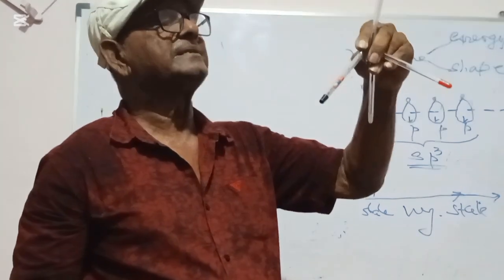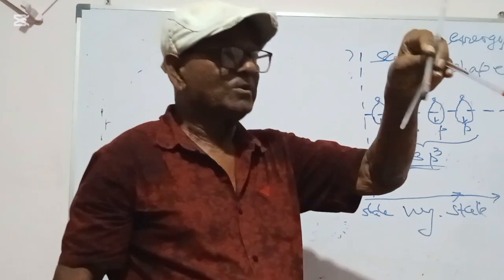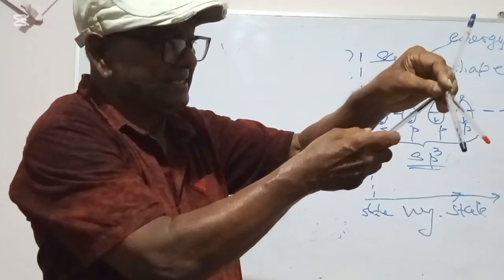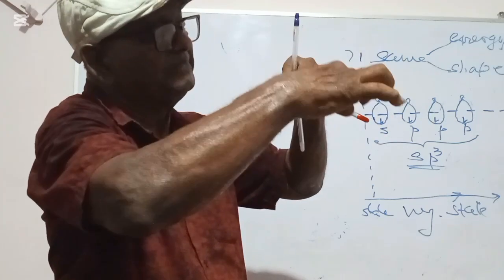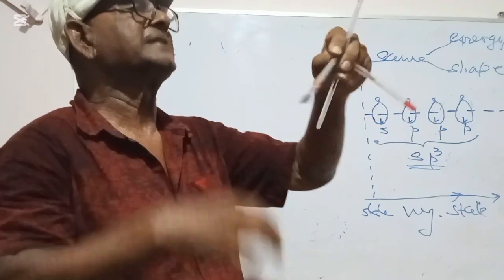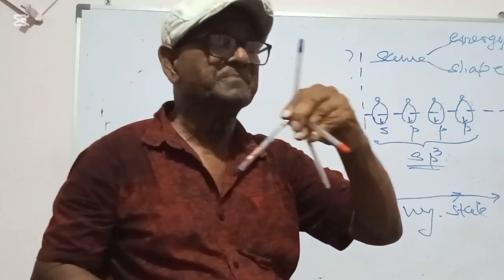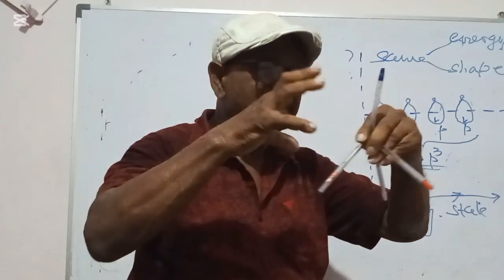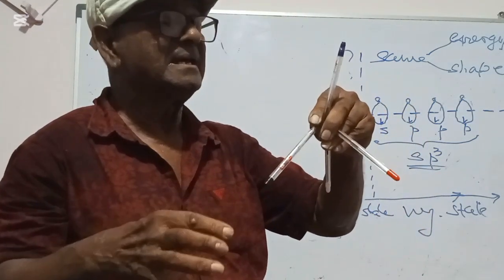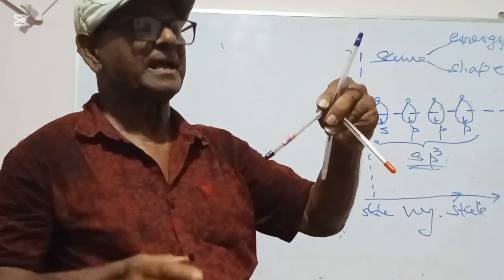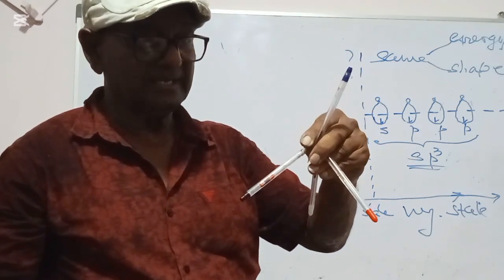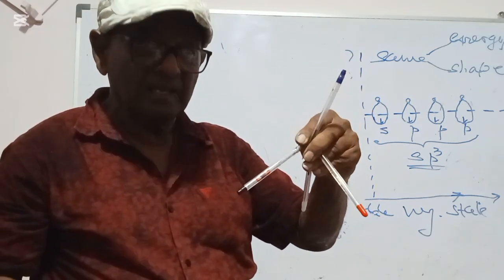All are identical, and all the angles are the same. This arrangement is explained as tetrahedral arrangement. Okay?